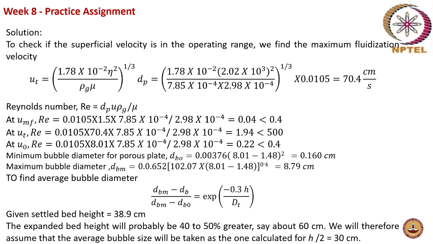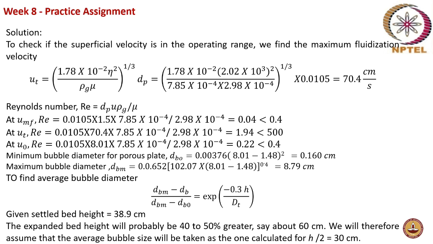We can assume the expanded bed height to be 60 centimeter, and to assume an average bubble size, we take the height to be h by 2, somewhere in the midpoint of the expanded bed height, that is 30 centimeter.